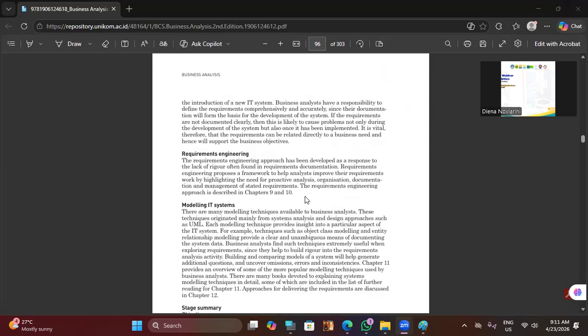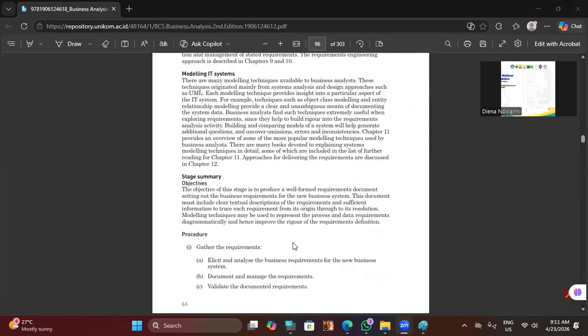The requirements engineering approach has been developed as a response to the lack of rigor often found in requirements documentation. Requirements engineering proposes a framework to help analyze and improve requirements work by highlighting the need for proactive analysis, organization, documentation, and management of stated requirements.